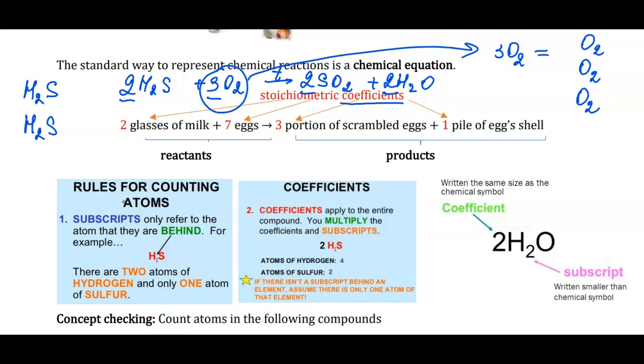Subscripts are small numbers to the right side of element symbols, right? And they apply only to the element, only to the atom that they are behind. So for example, in this scenario, H2S gives us 2 atoms of hydrogen, right?